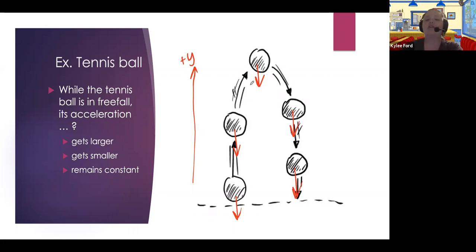The only acceleration that it is experiencing is my gravitational acceleration, or acceleration due to gravity. That is the only acceleration it's experiencing the entire time, so that means it remains constant. My acceleration is not changing. It's the same the entire way.